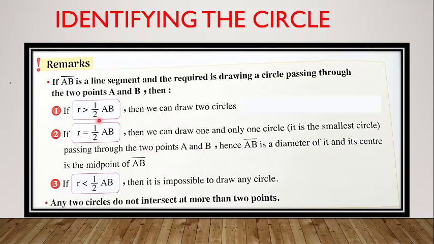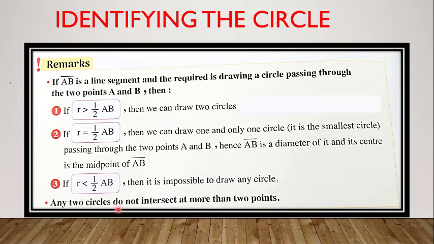But if R is less than half AB, in this case it's impossible to draw any circle.